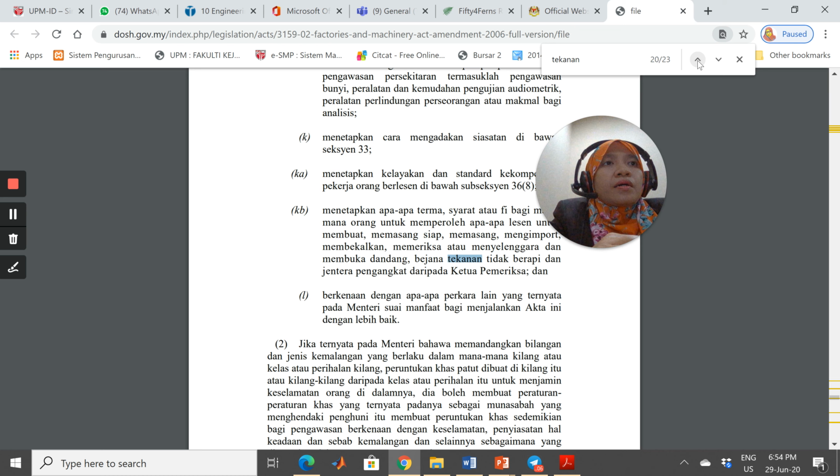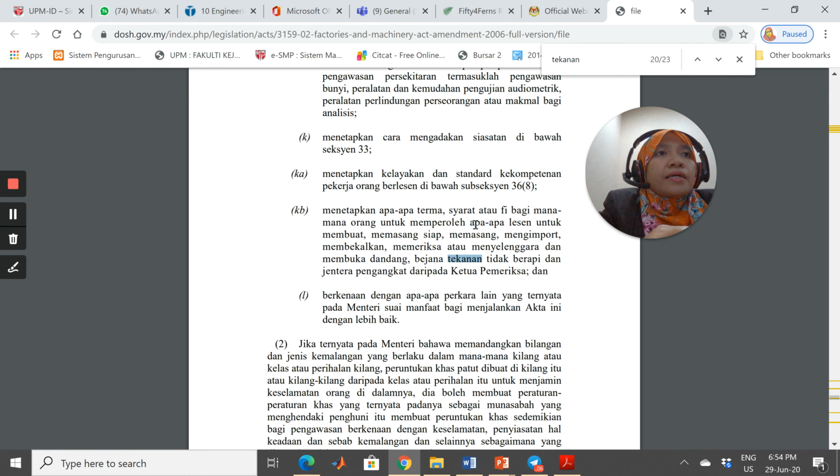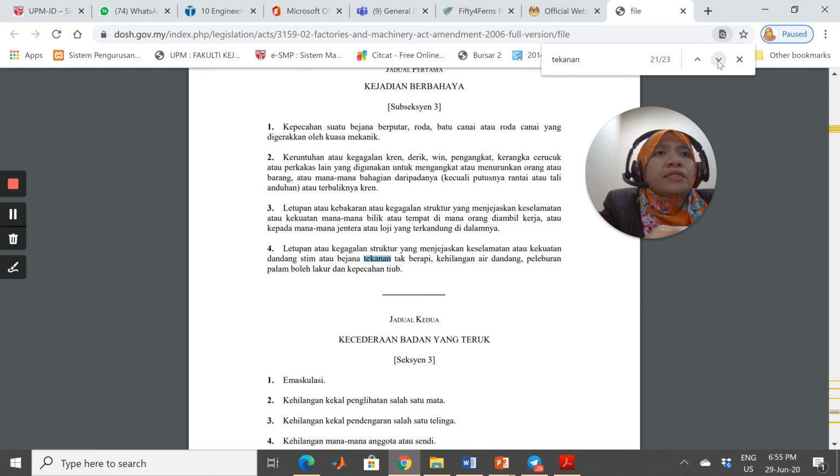And then they're saying that this is a requirement for maintenance and licenses, for any import. There are some requirements under this act whenever you handle pressure vessels.